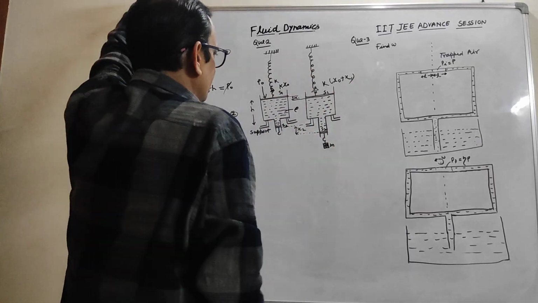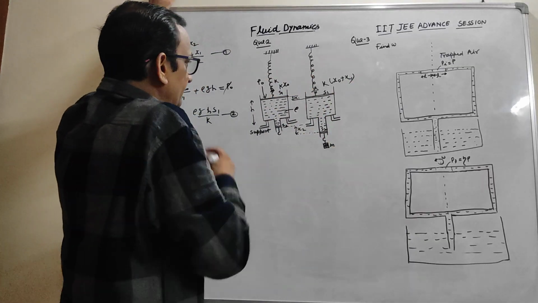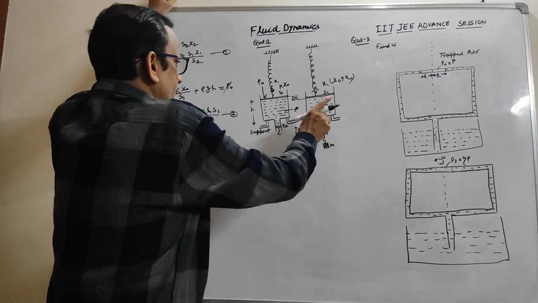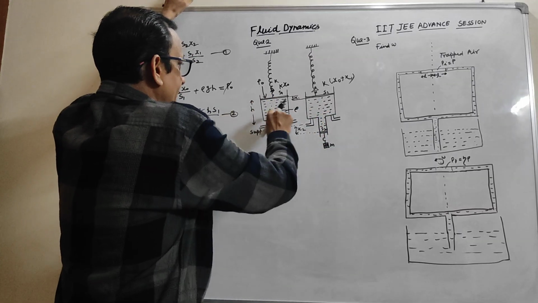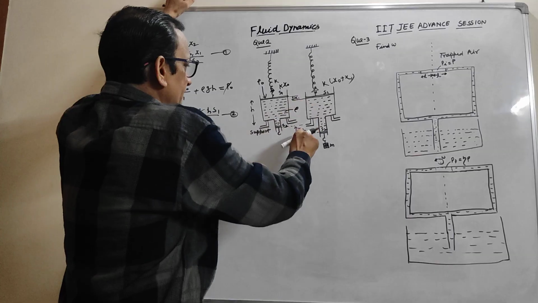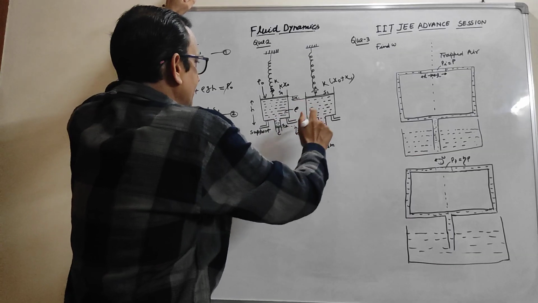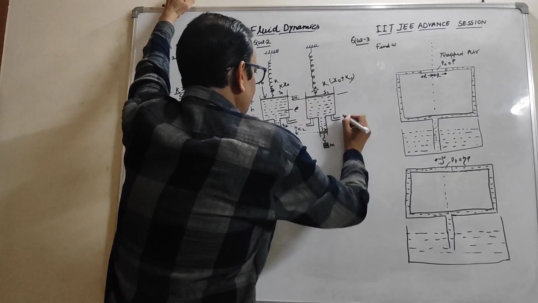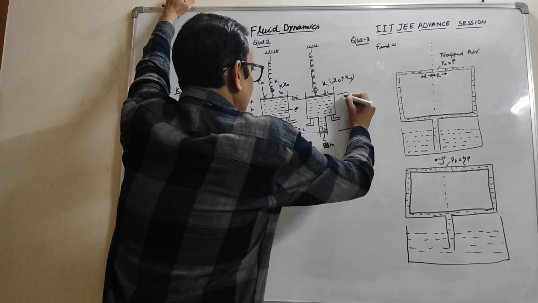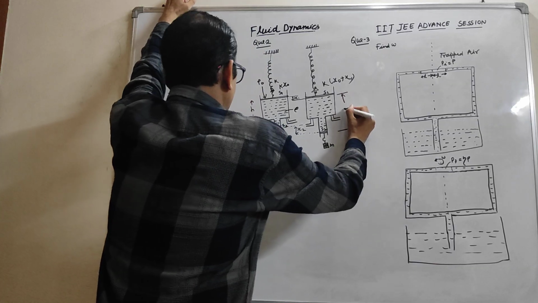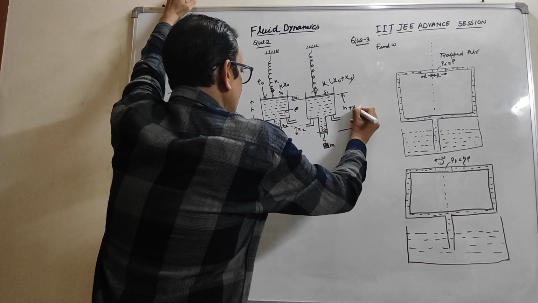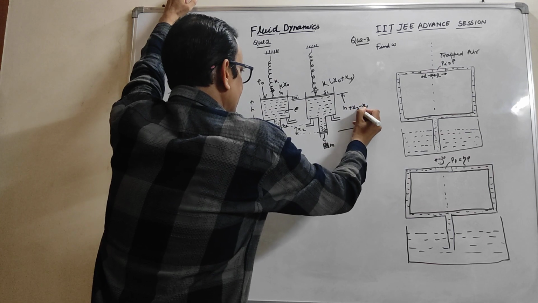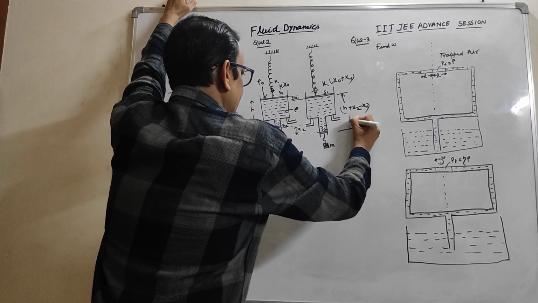The height x1 is reduced but x2 is increased, so from this piston to this piston the height would be h plus x2 minus x1.